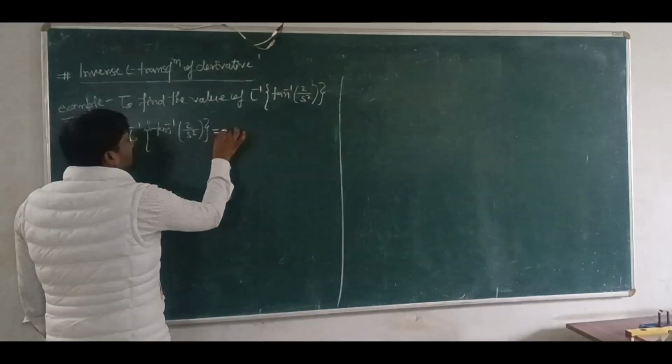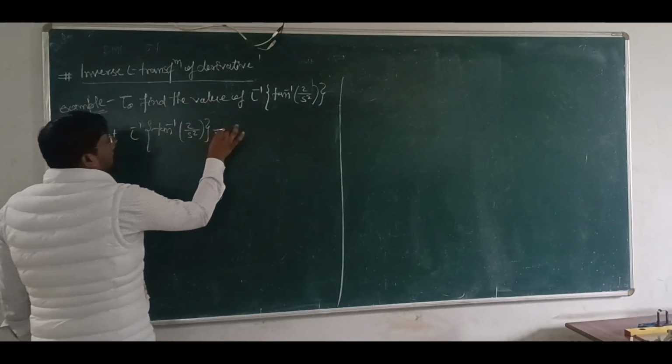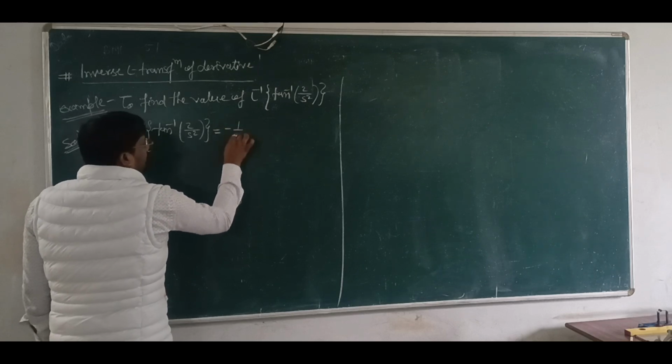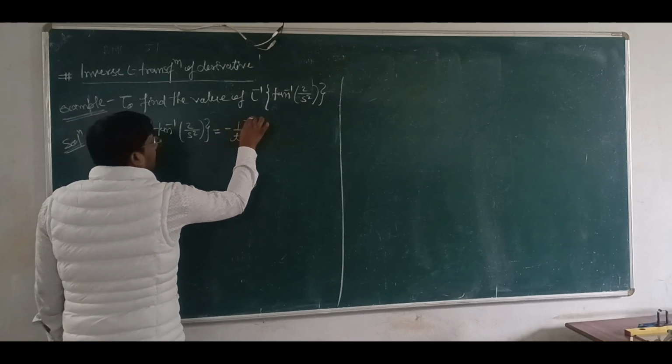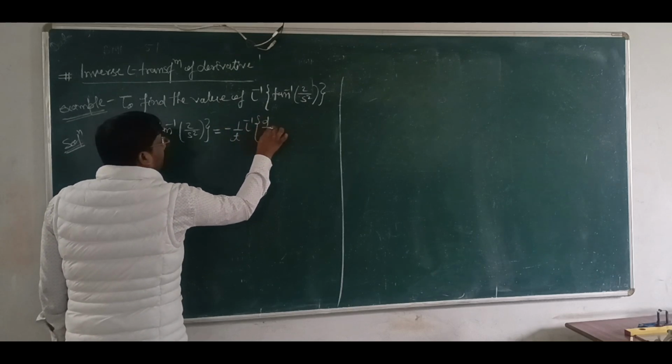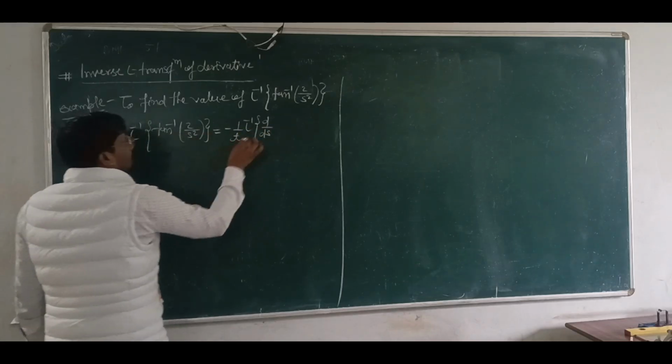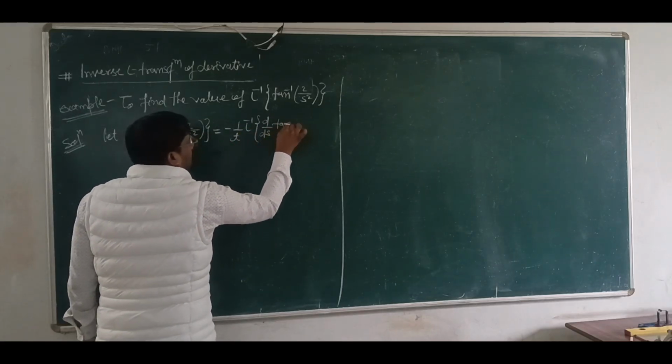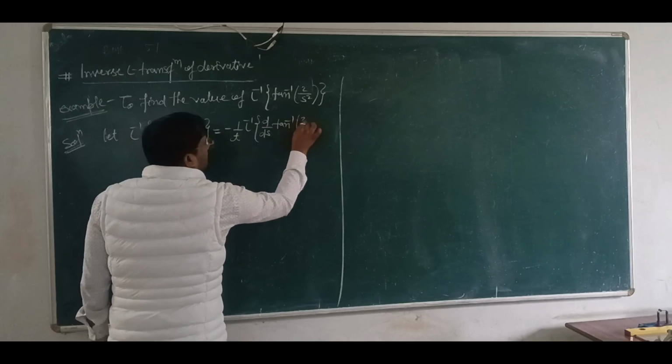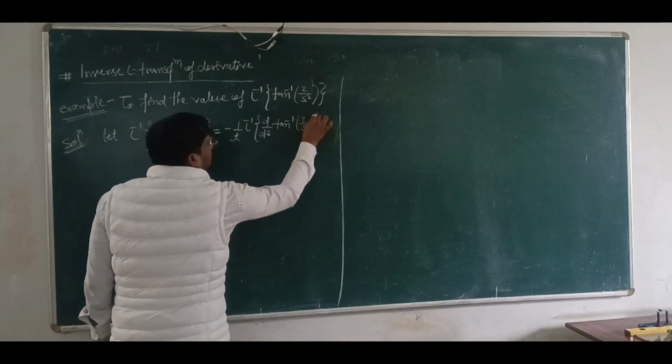You can write this by the derivative method: minus 1 upon t inverse Laplace of d upon ds tan inverse 2 upon s square.